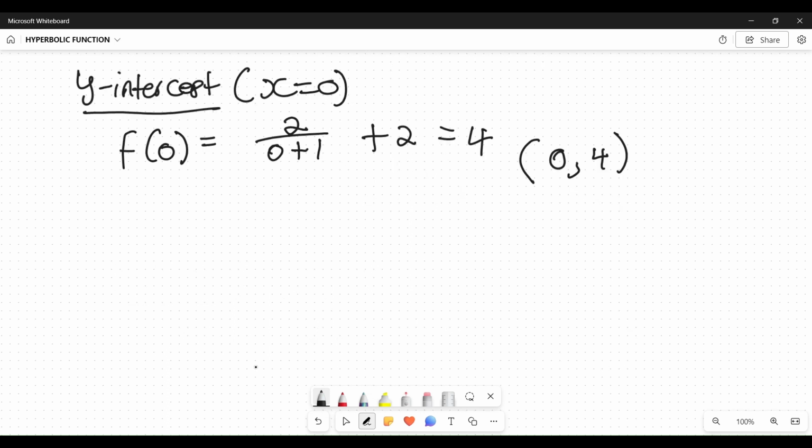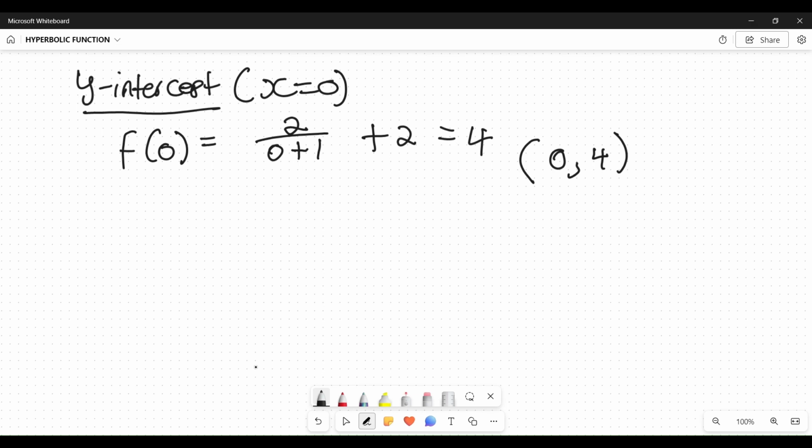Now the last step is to identify key points of the hyperbolic function. Identifying some key points helps us to get a better understanding of the curve's behavior. So now we'll choose a few values of x and calculate the corresponding y values for those x values.